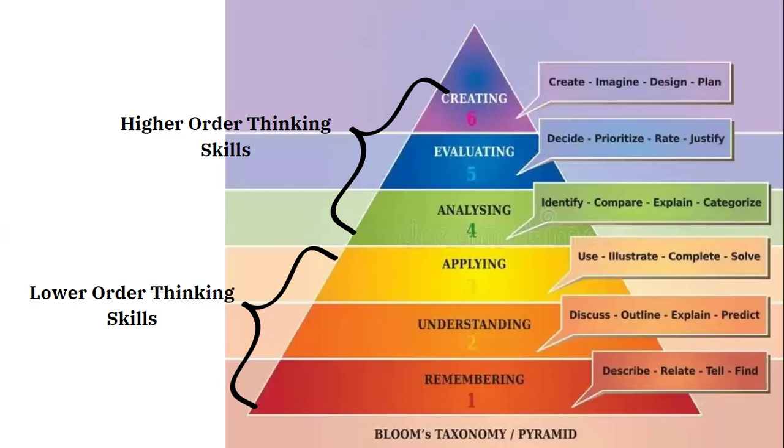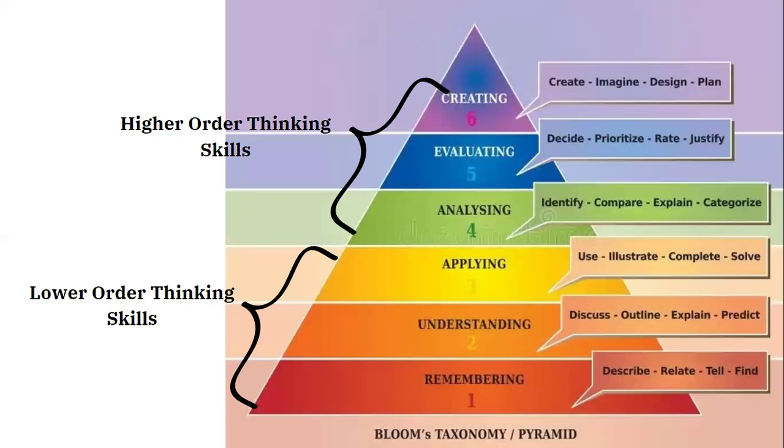Now, on your right-hand side, you can see words like describe, relate, tell, find, discuss, outline, explain, predict, use, illustrate, complete, solve, identify, compare, explain, categorize, decide, prioritize, rate, justify, create, imagine, design, and plan.